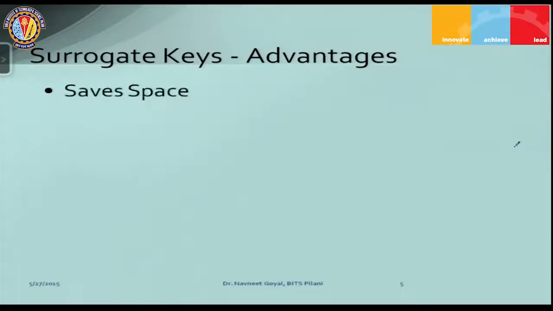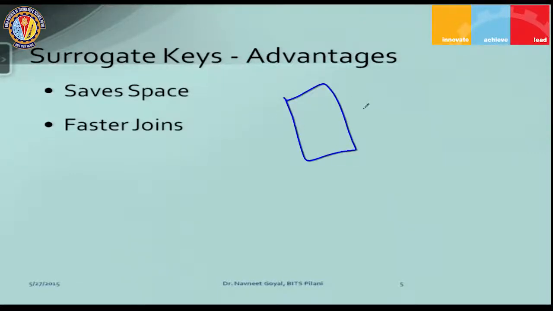Now, advantages of surrogate keys: it helps us in saving space, so we'll discuss that. And they allow us to do faster joins between the fact table and the dimension tables. So the joins are faster.